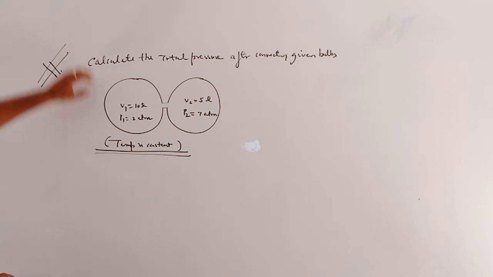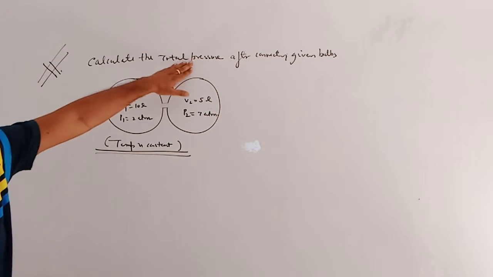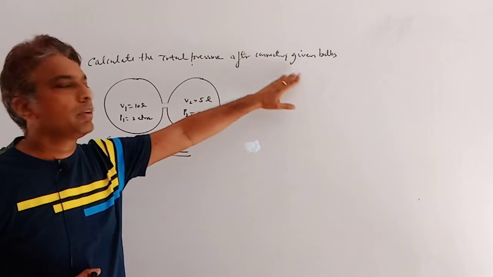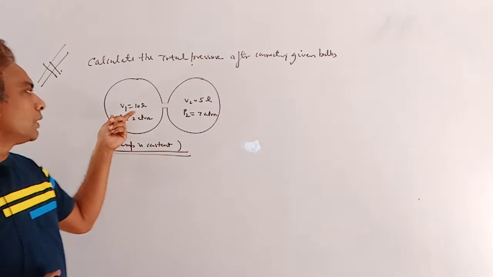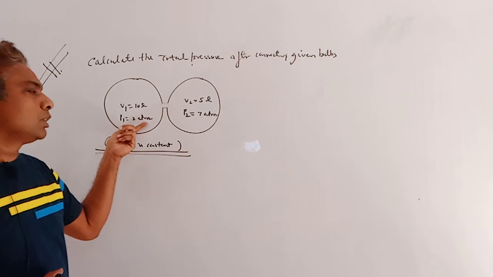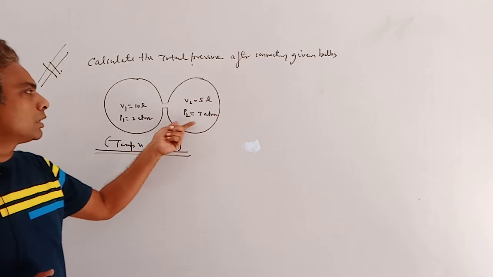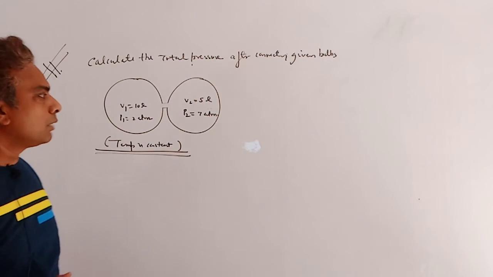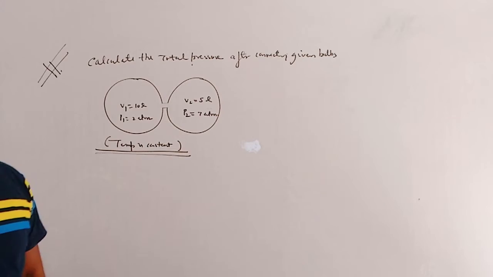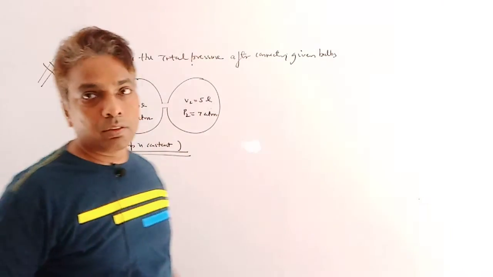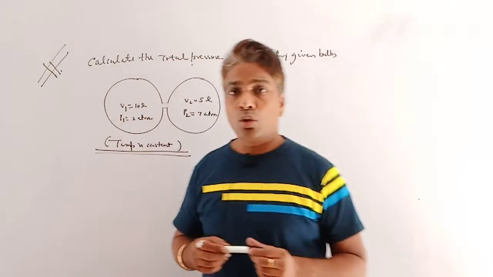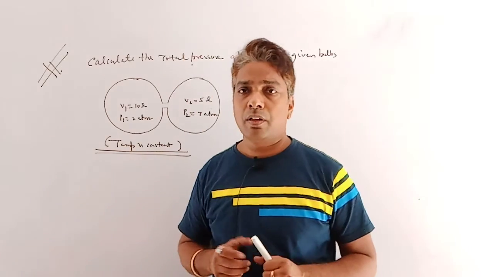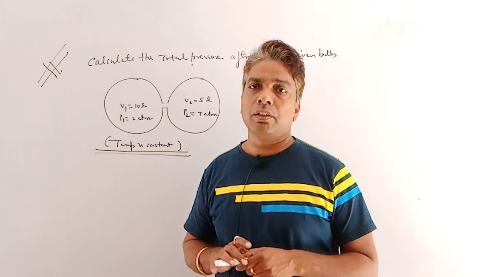In this question, calculate the total pressure after connecting given bulbs. These are two bulbs, one having volume 10 liter, pressure 2 atmosphere, and another having volume 5 liter and pressure 7 atmosphere. And if these bulbs are connected to each other, then what is the total pressure after connecting these bulbs?